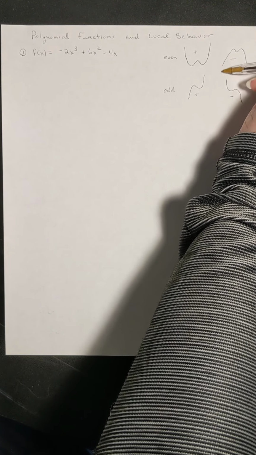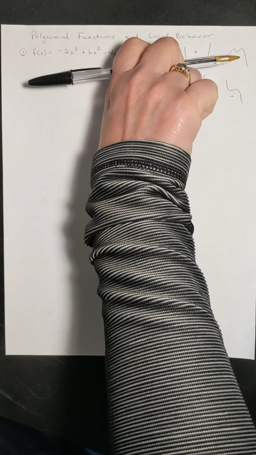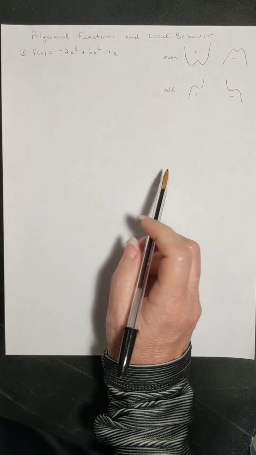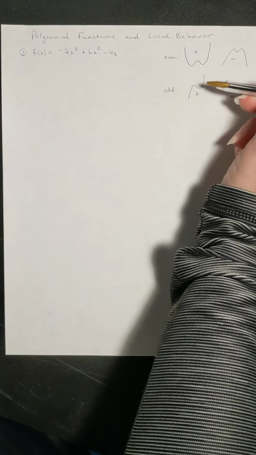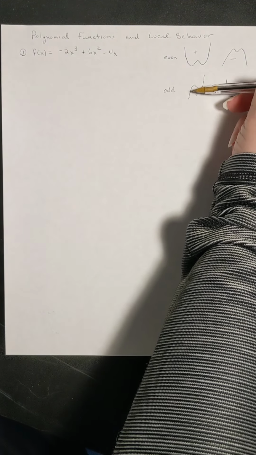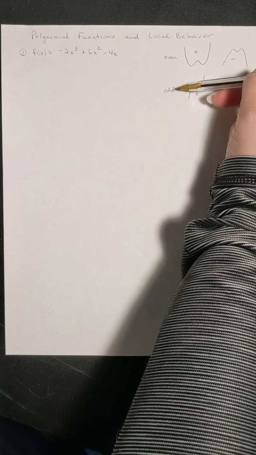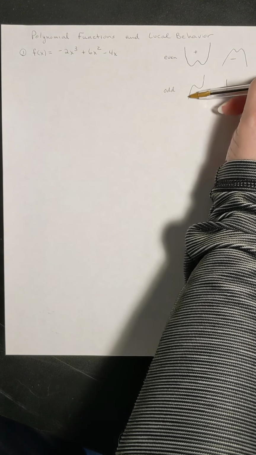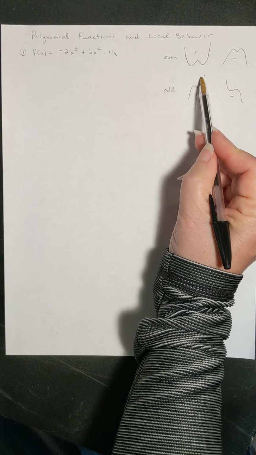This one, as I go to the left, goes down, so it goes to negative infinity. And as I go to the right, it goes down, so it goes towards negative infinity. Looking at this function, as x goes towards negative infinity, this one goes down to negative infinity. But as I go to the right, this one goes up to positive infinity.